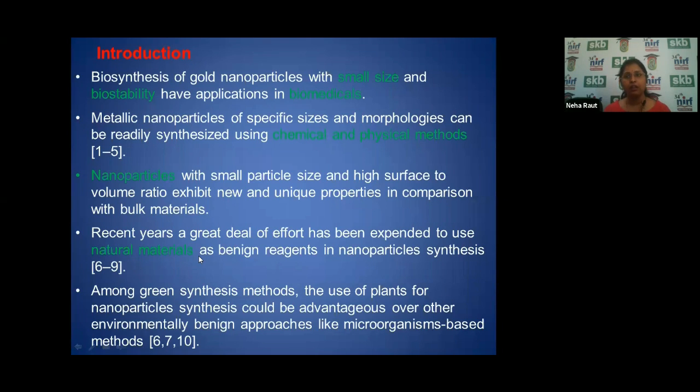That's why we have taken here Ziziphus moritiana extract. Among green synthesis methods, the use of plants for nanoparticle synthesis could be advantageous over environmentally benign approaches like microorganism based methods. So there are so many methods for preparation of nanoparticles, and one of them is using plant extract.